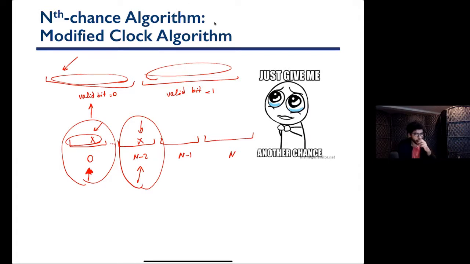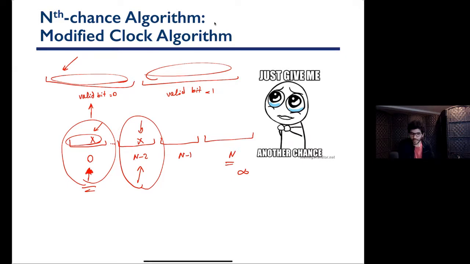With LRU, really we have this n is infinite, right? So we have this accurate list of all the accesses. So we always pick the one that is at the bottom of the list, not necessarily 0, but the one that has been accessed the least, right?